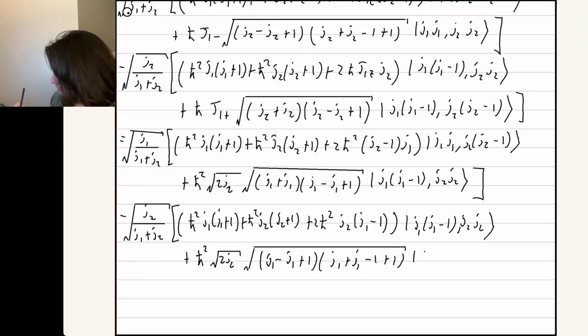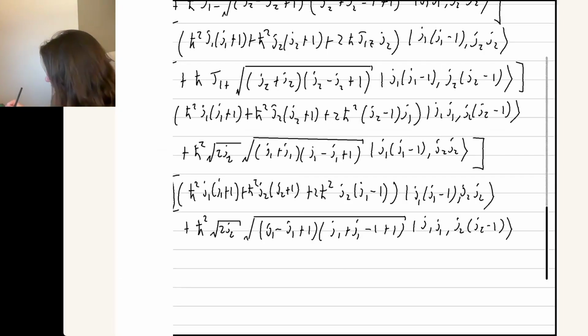That's all acting on... it was a lowering operator for J1s. So, no, it's a raising operator for J1. So it's going to be |J1, J1, J2, J2 minus 1⟩. Okay.